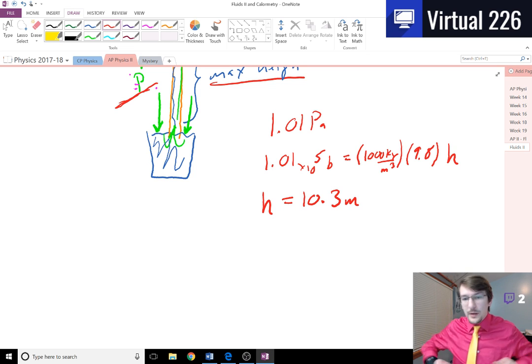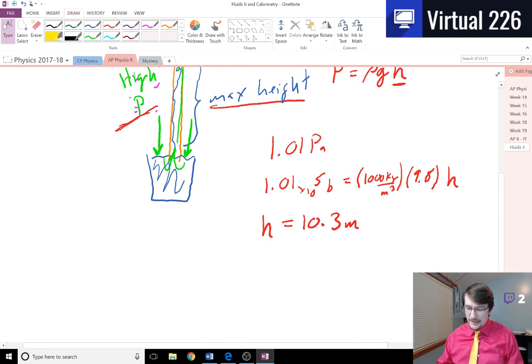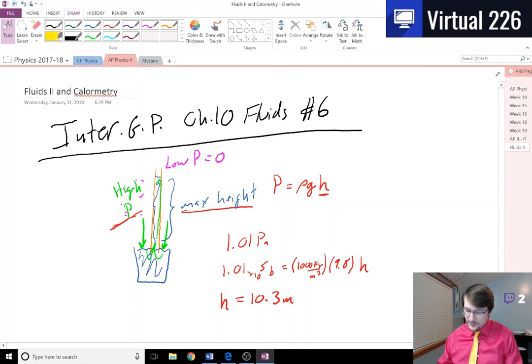So if you wanted to pump water up here on Earth, you can go up 30 feet. Then you're stuck. So what a lot of times we do is we pump the water up, hold it somewhere, and start a second pump. And this is actually how they pump water out of coal mines and other kind of mining institutions. But it is a kind of lengthy process. But that's what's going on for problem number 6 there.